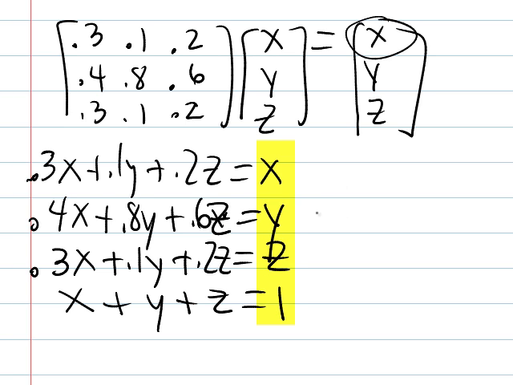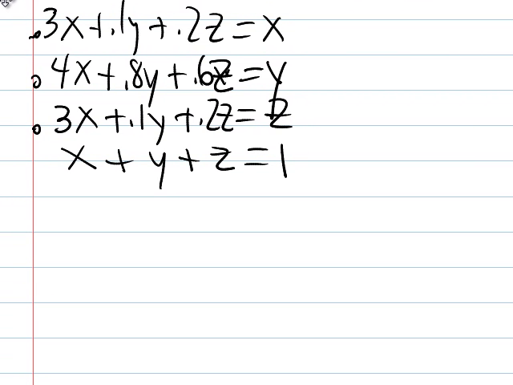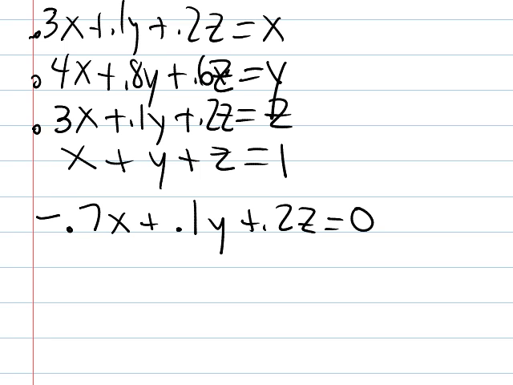I have to adjust my system of equations so that it has only constants on the right-hand side. So in my first equation, I'll subtract x from both sides. I get negative 0.7x plus 0.1y plus 0.2z equals 0.